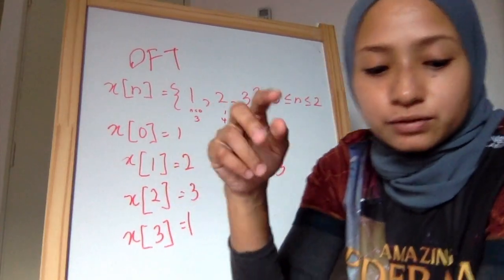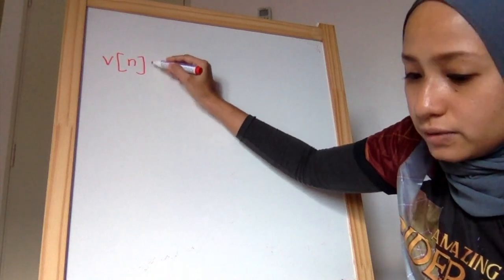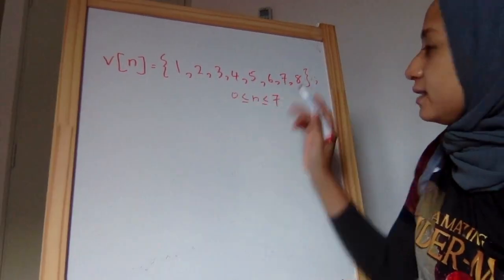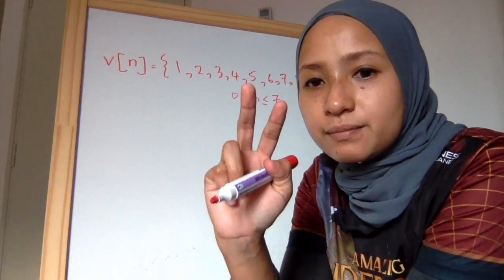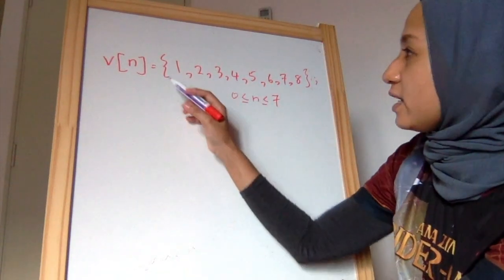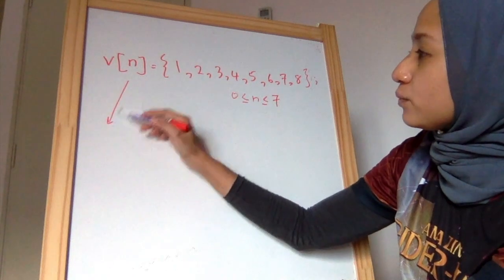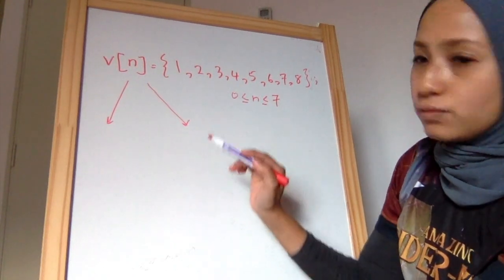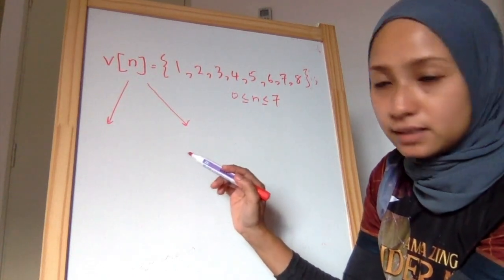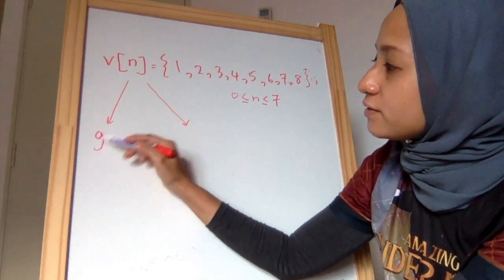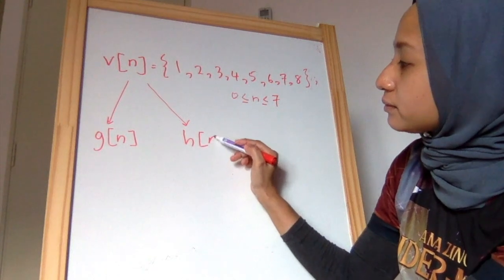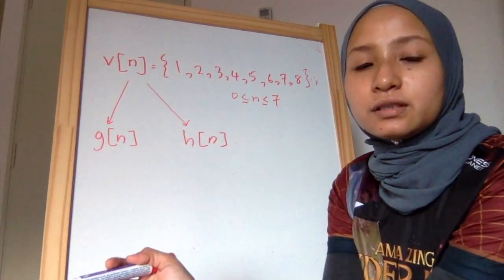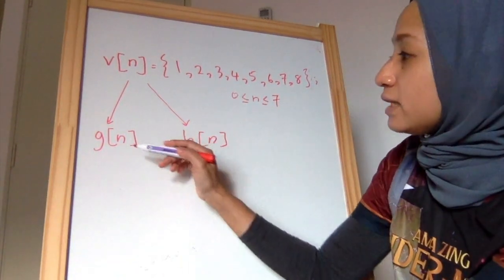Okay, so how to do that? What happens in step number 2? You have to break this sequence into two real sequences. Let's say we have Gn and Hn. Okay, so what to do next?